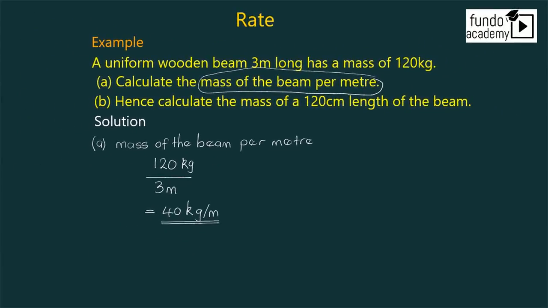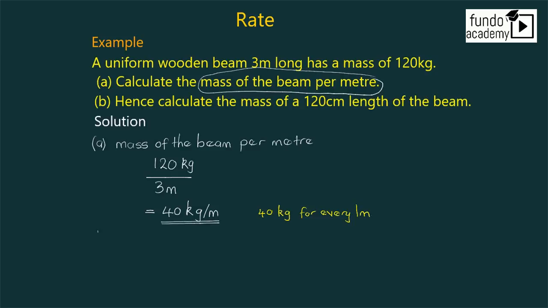Okay, so we are through with part A. I hope you got that one correct. What I just want you to note is that when we get a rate, like in our case we've got 40 kilograms per meter, in other words it's 40 kilograms for every 1 meter. So that's important for you to always note, in order for you to understand how we work out some of these problems.